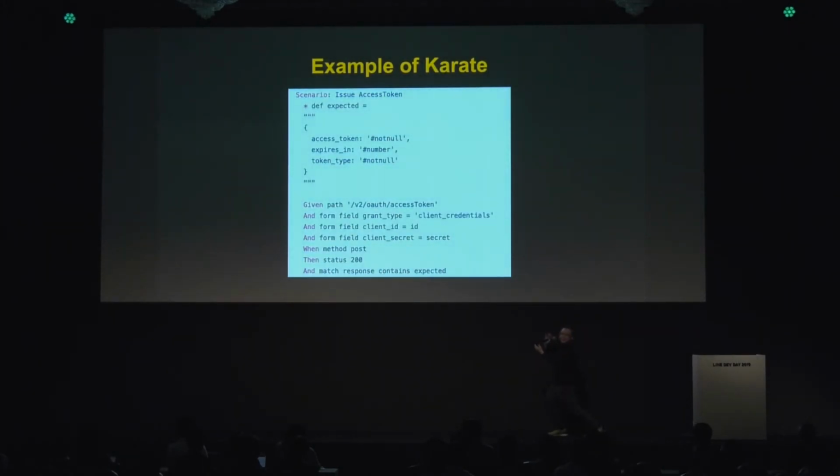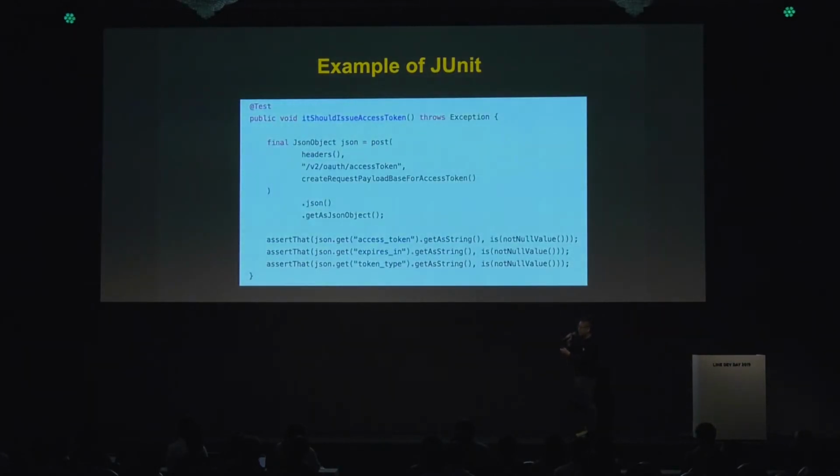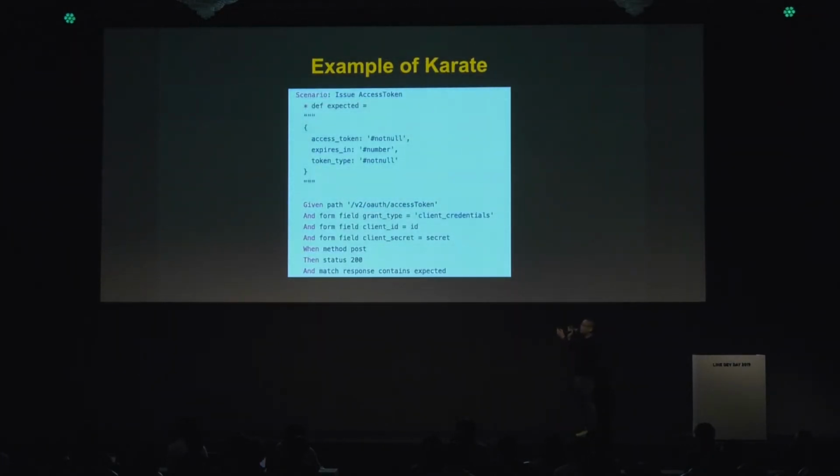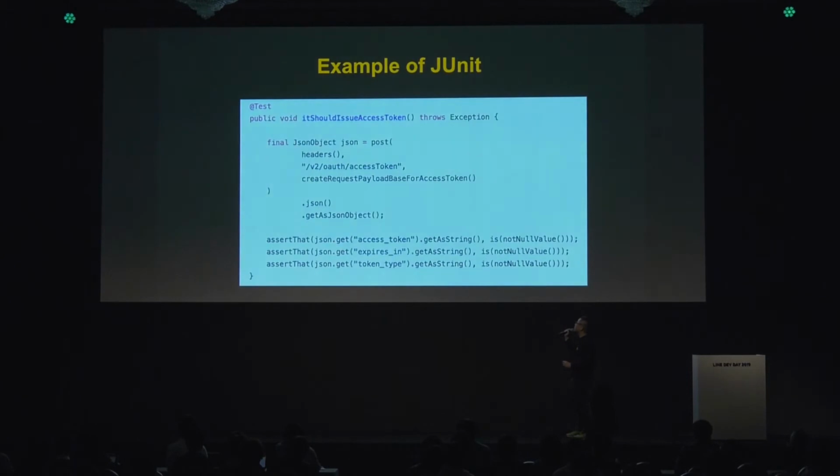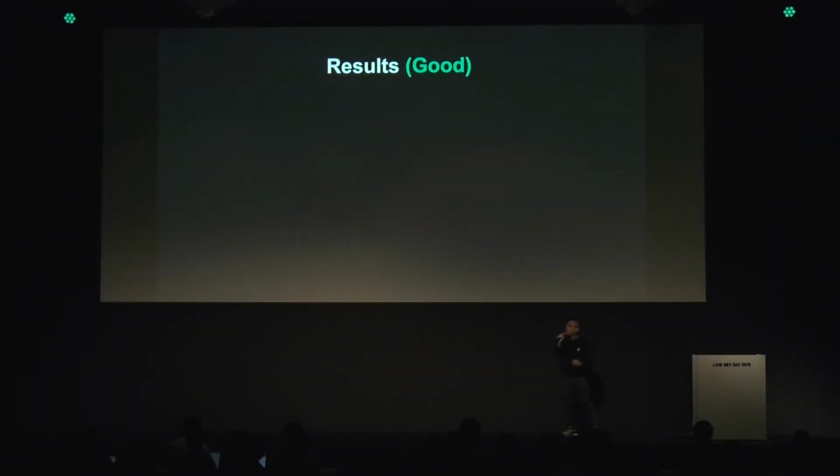You can have less code with Karate. And of course, those of you who want to write Java, that's okay. But for our team, we preferred the BDD style Karate. So together with the development team, sharing the pain, we moved forward.